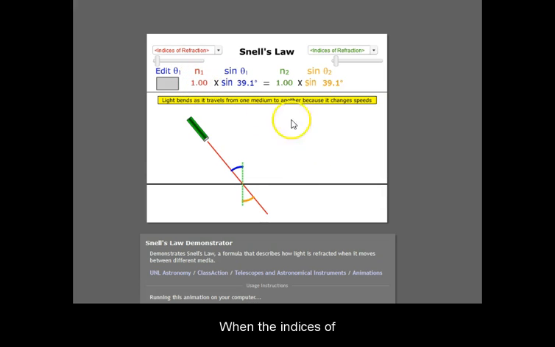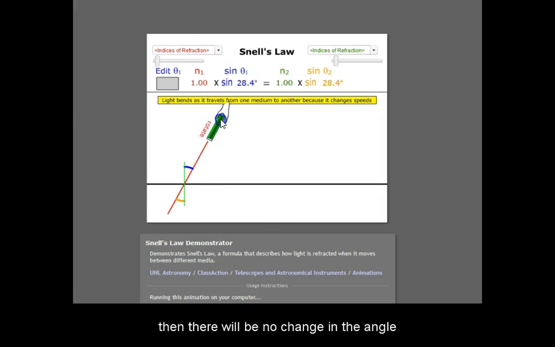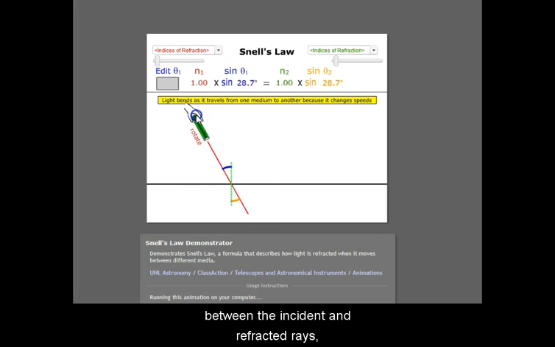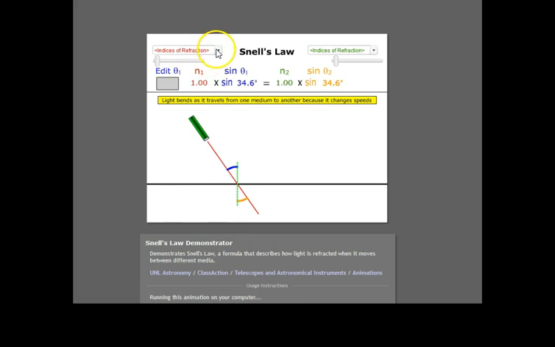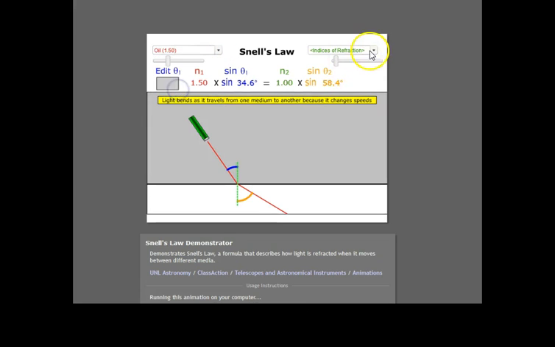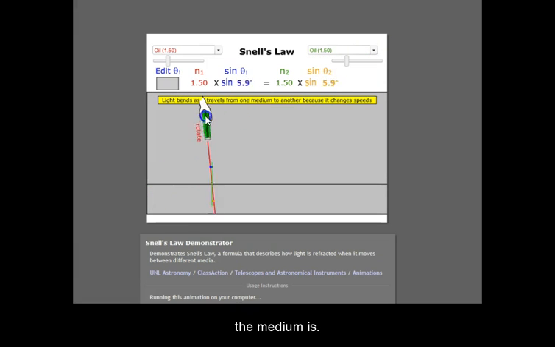When the indices of refraction are the same, then there will be no change in the angle between the incident and refracted rays, no matter what the medium is.